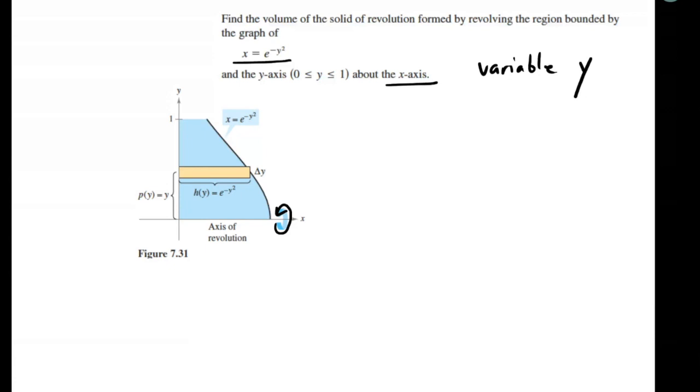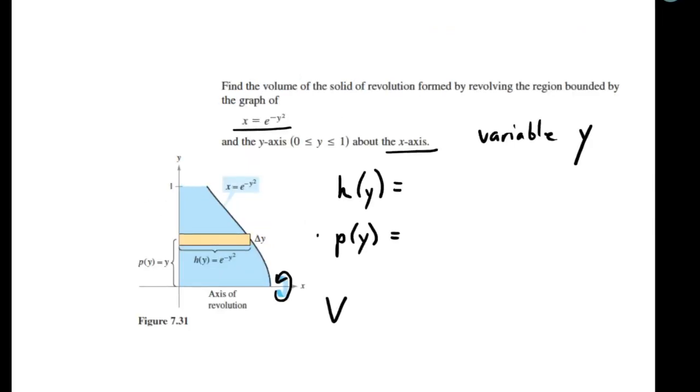I would pause the video, however, and try to find what h of y would be and what p of y would be. Remembering the right minus left, top minus bottom, what would those be? And fill in the volume. All right, what would the volume formula be? I would take a pause right now.